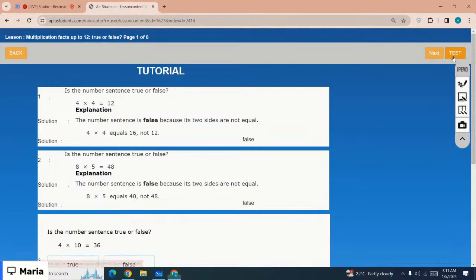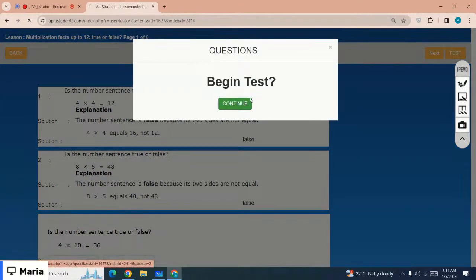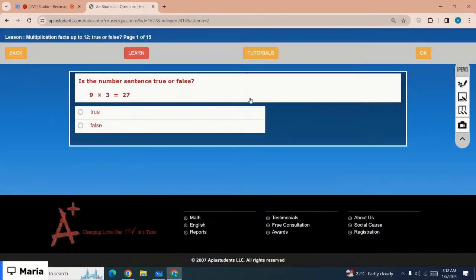Let's just start with the test questions. Is the number sentence true or false? 9 times 3 equals 27. Is it true or false?